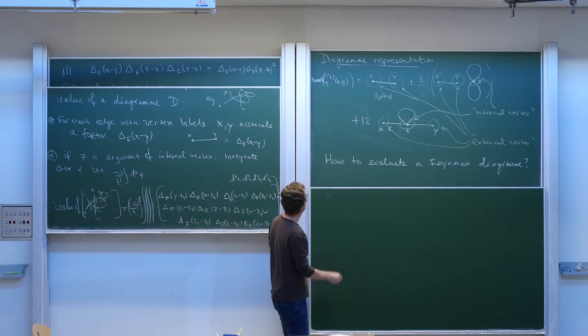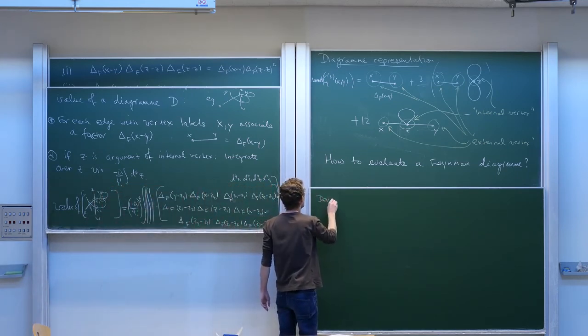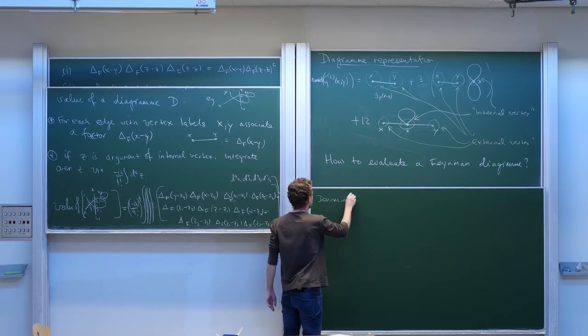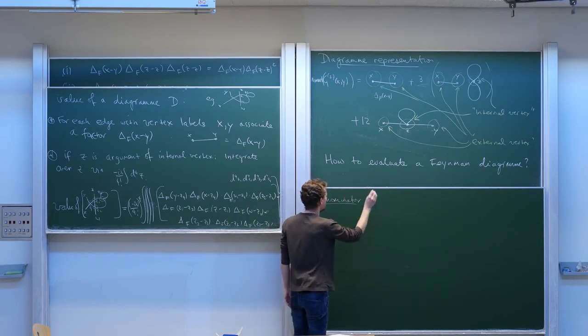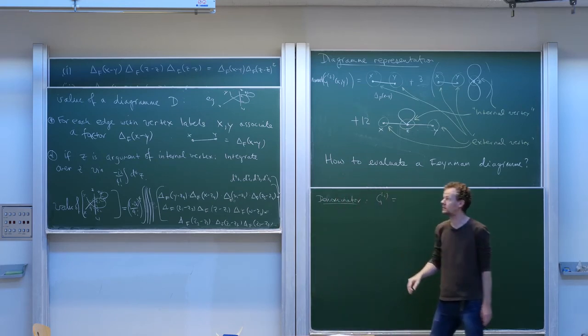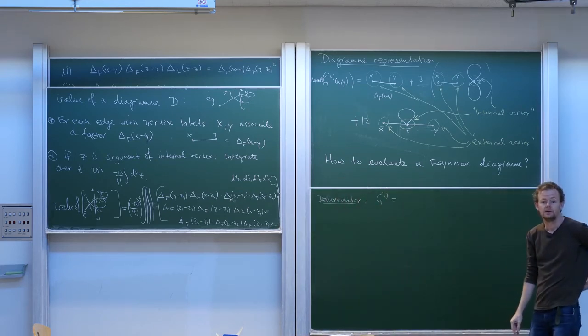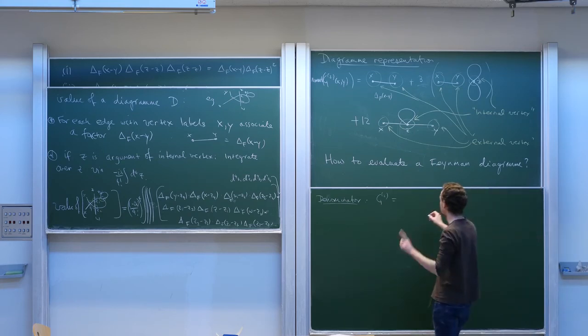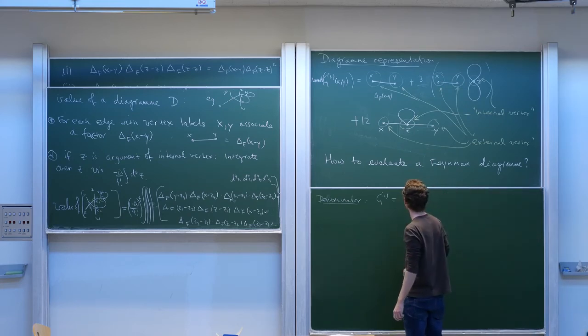That was the numerator. What about the denominator? Well, that one's actually easier. So the 0th order term is 1. We know that. And then we get a factor.